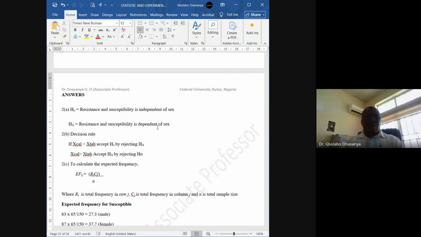If you want to calculate the expected frequency, all you will do is say R subscript I times C subscript J over N, meaning the total in the row times the total in the column over N. Where R_i is the total frequency in row I, C_j is the total frequency in column J, and N is the total number of samples.